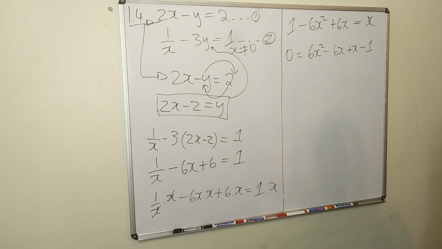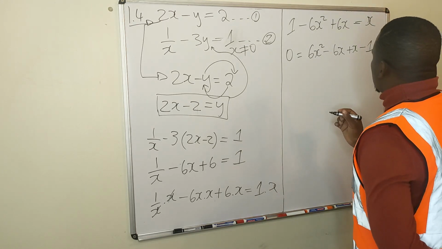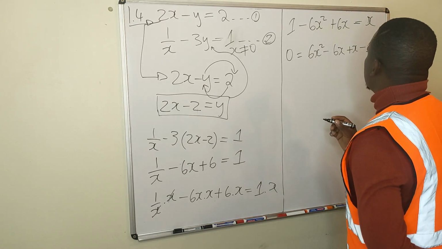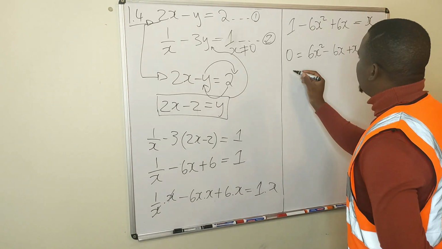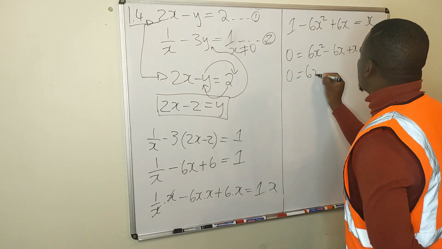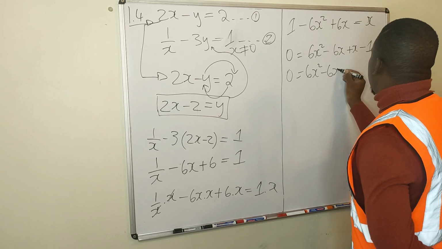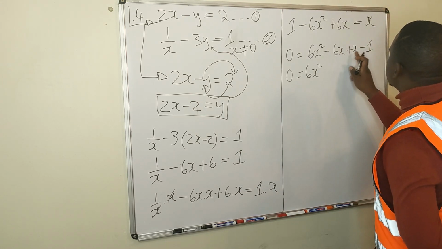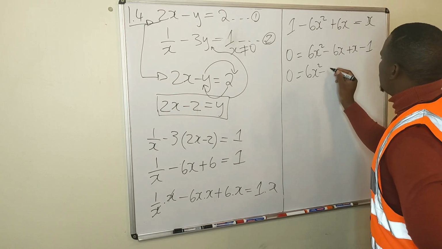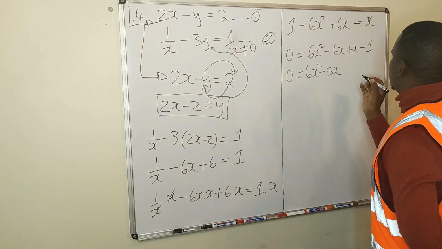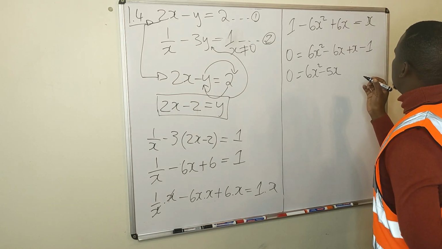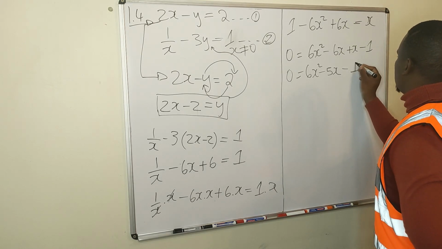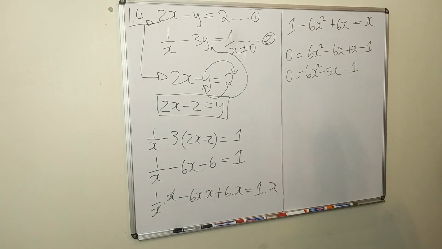Then what do we do? We simplify. So we have 0 is equal to 6x squared minus 6x, this and that, these are like terms. So we have minus 5x minus 1 equal to 0.